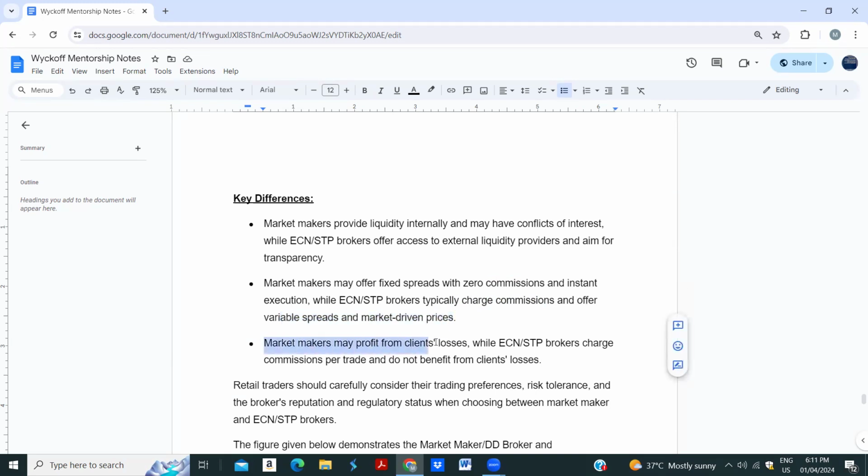Market makers may profit from clients' losses, while ECN and STP brokers charge commissions per trade and do not benefit from clients' losses.